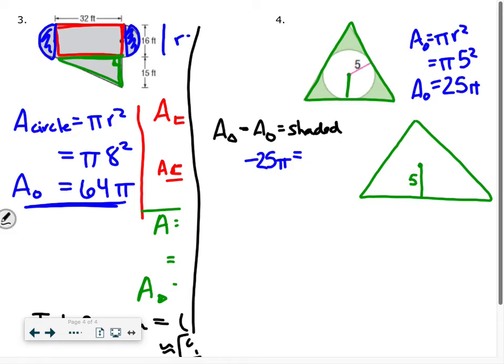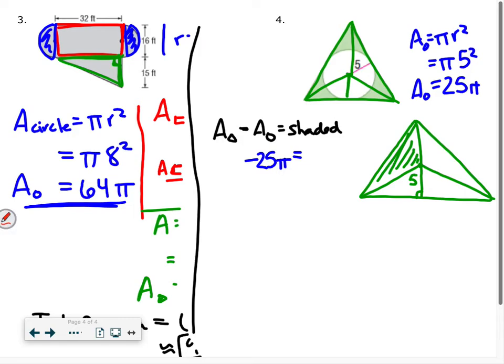Because if I look at this, it is now the apothem, or the height, of one of our triangles. So I took this triangle and I split it up into 3 triangles. Basically, we're going to use what we did yesterday, or the day before, to figure out the area of one of these triangles and then multiply it by 3.